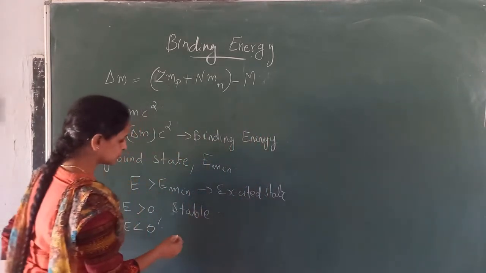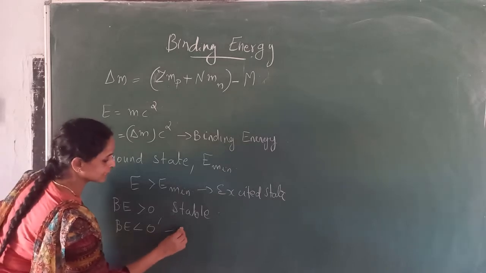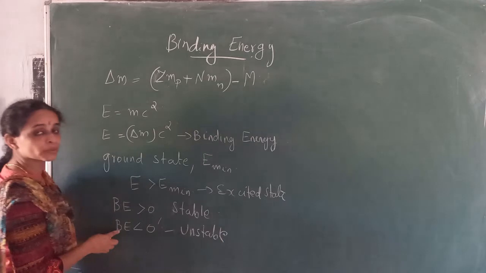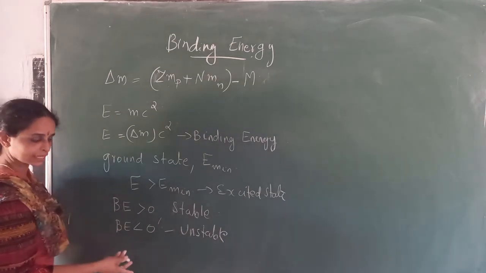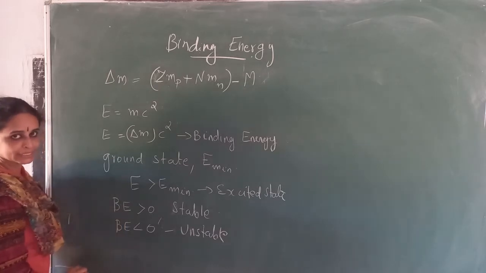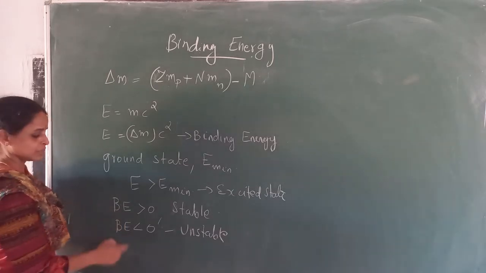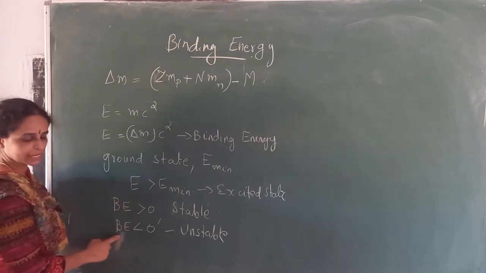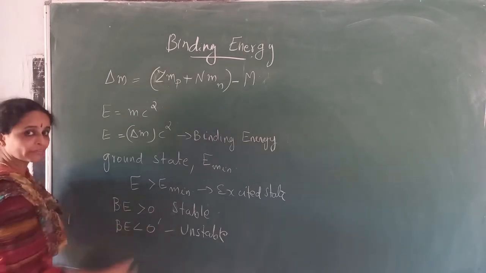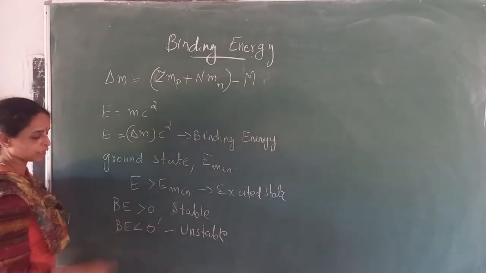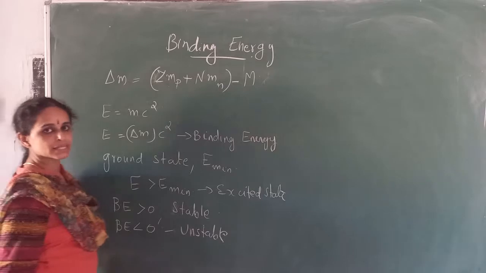The nucleus itself can disintegrate. Here we need to supply energy to disintegrate the nucleus. Here there is no need to give extra energy to disintegrate, so this itself can disintegrate. This type of nucleus is known as an unstable one. This type of nucleus is known as a stable one.